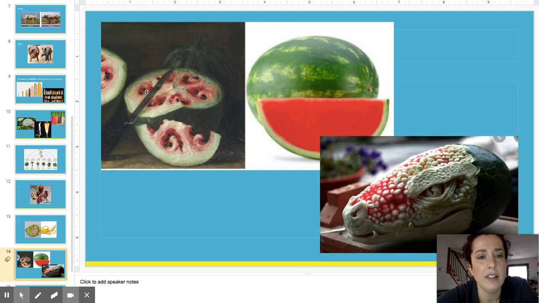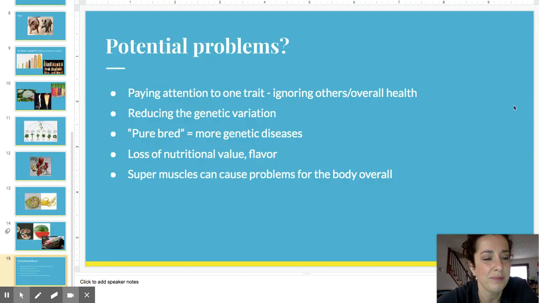So this was from a painting in like the 1600s compared to today. So we have gotten rid of like that inedible kind of gross white part, and the seeds have gotten smaller and smaller, and now we have varieties that don't have any seeds. This is just an amazing picture I had to include. So there's some artist out there that is doing sculpture with watermelons, and that one caught my eye. Thought you might appreciate it.